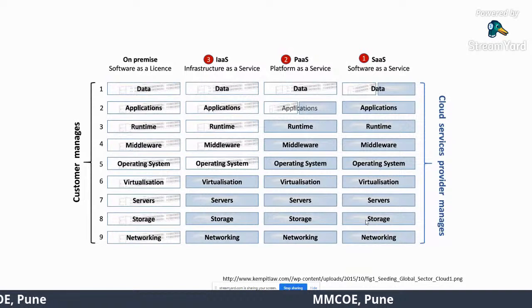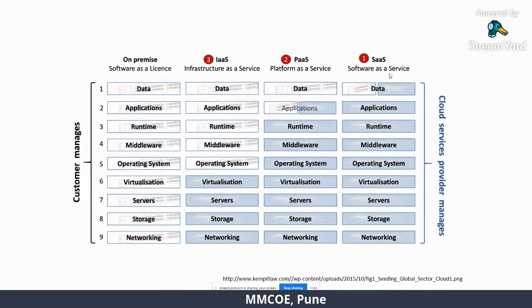Now, in terms of control, this is another good slide which can provide you a clear view. You have data, applications, runtime, middleware, operating system, virtualization, server, storage, and networking. You can see here how the customer manages and what the cloud service provider manages.